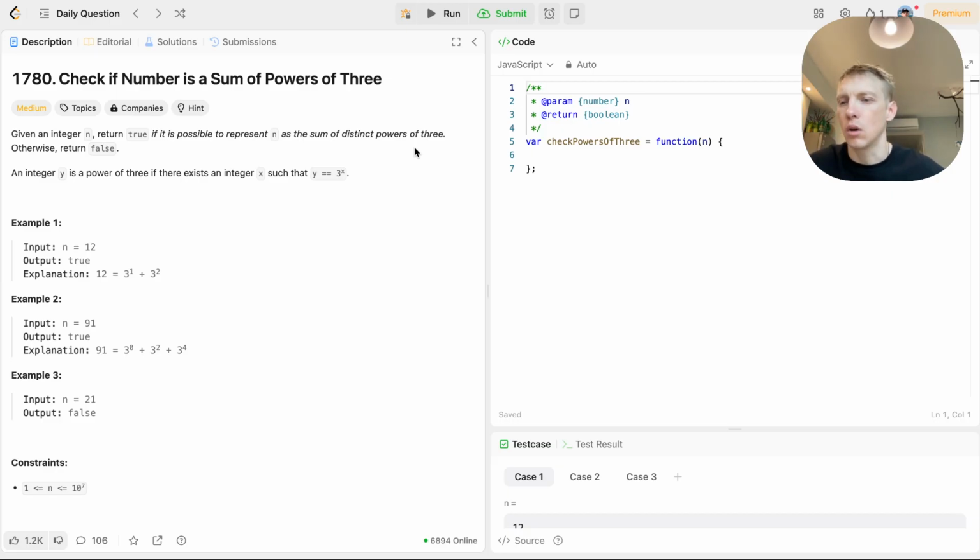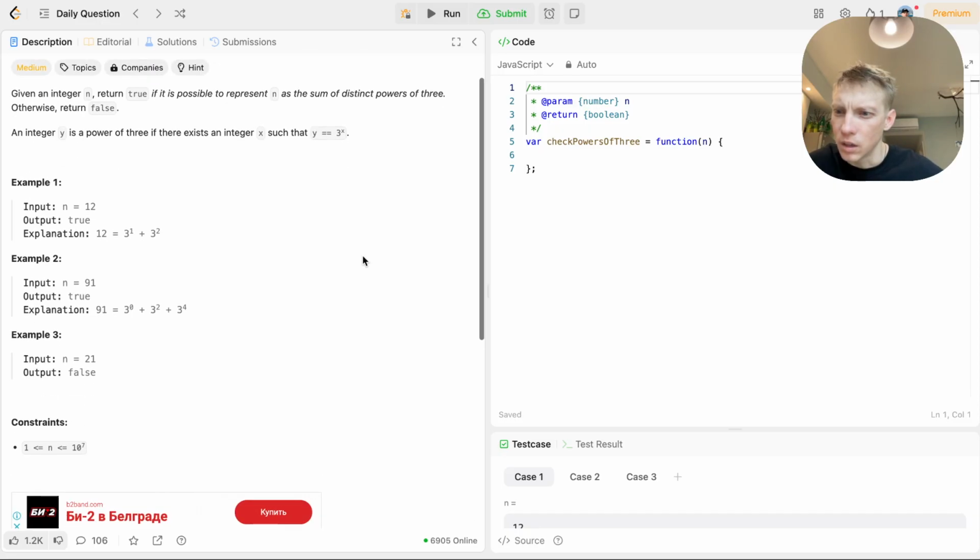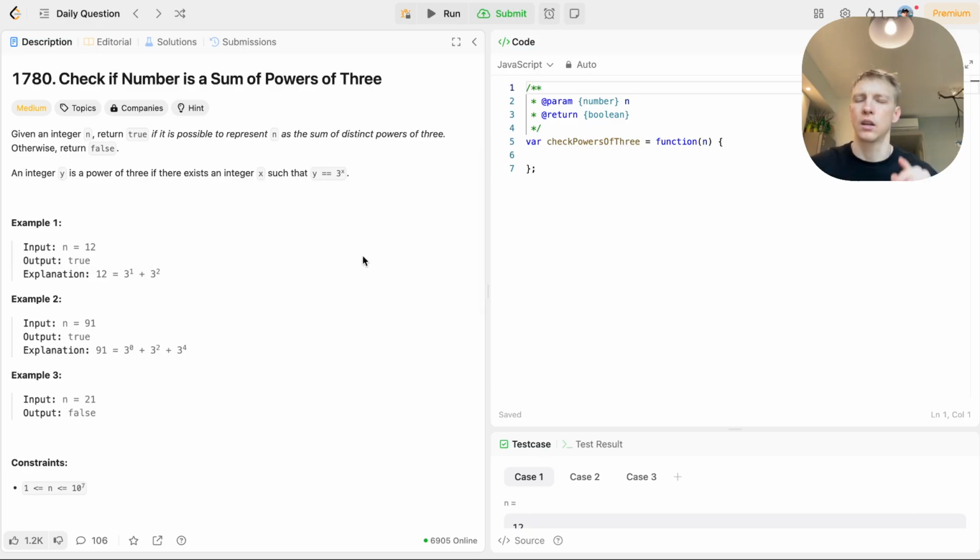An integer y is a power of 3 if there exists an integer x such that y equals 3 to the power x. Okay, I got it. So how can we solve it?